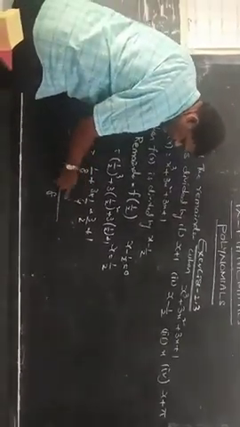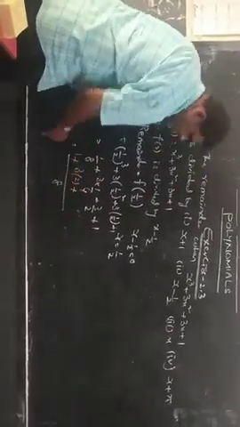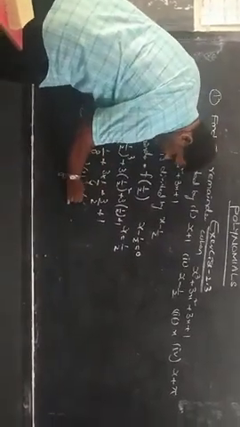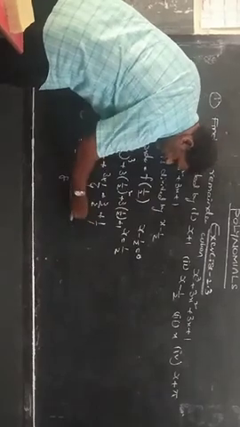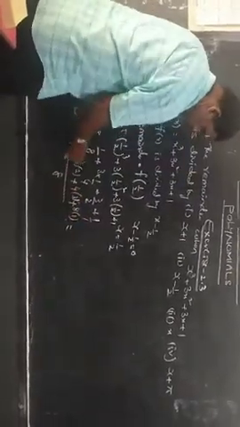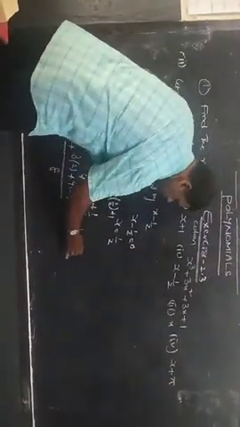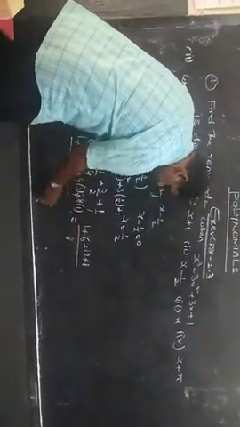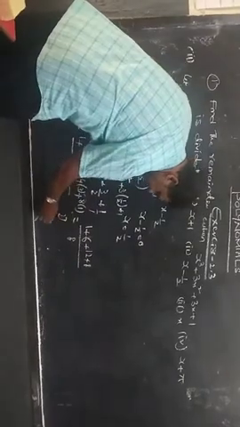Here 4 is there, 4 2s are 8, so with 2 you have to multiply. Here 2 is there, 2 4s are 8, with 4 you have to multiply the numerator. Here 1 is there, so we multiply by the LCM 8. So 1 plus 6, 4 3s are 12, plus 8, by 8. This is 27 by 8.